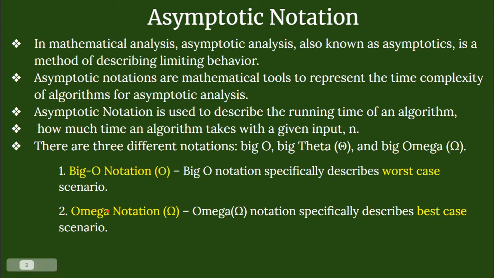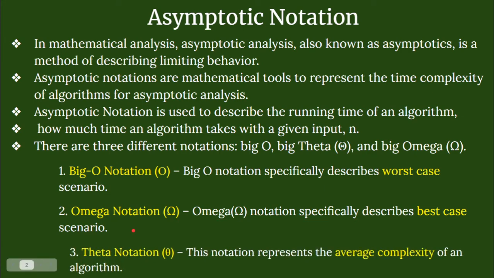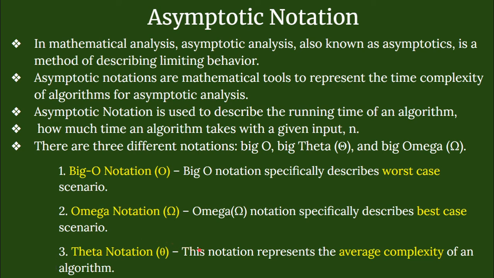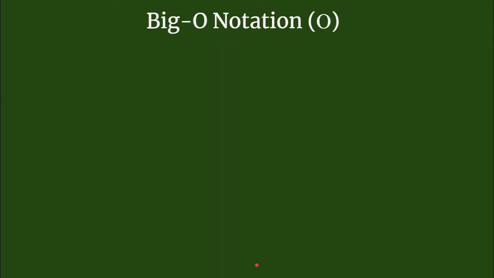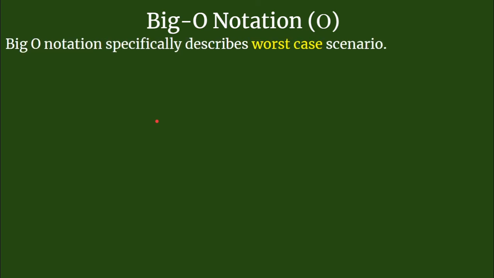And omega notation, shortly called omega, specifies the best case scenario of an algorithm. And the theta notation represents the average complexity of an algorithm. So the complexity all depends upon how much data is being used in the process. Let us see one by one.